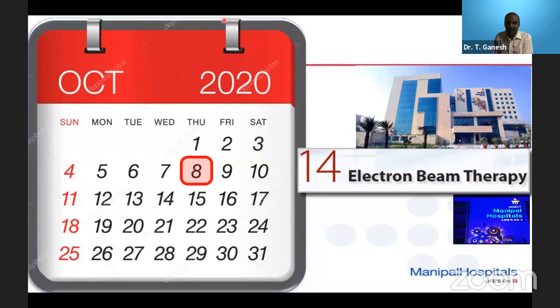But in other atoms, neutrons are also there, and that is why the electron density is less for others. So in hydrogen, for every proton, you have got one electron.